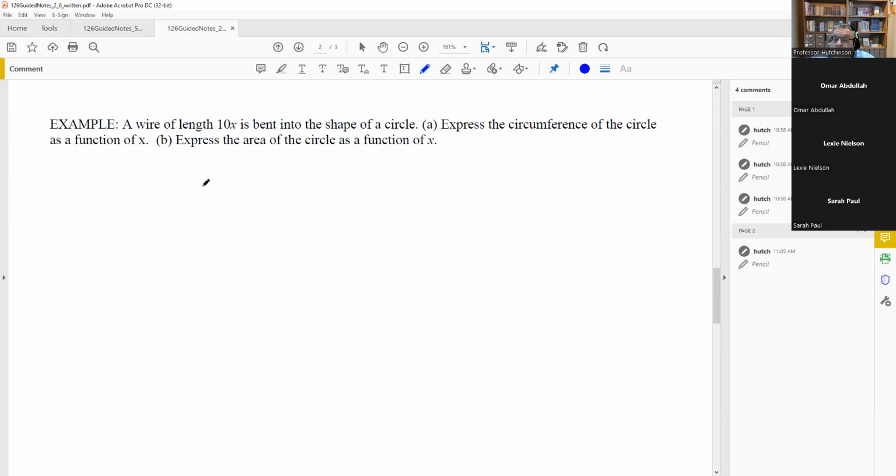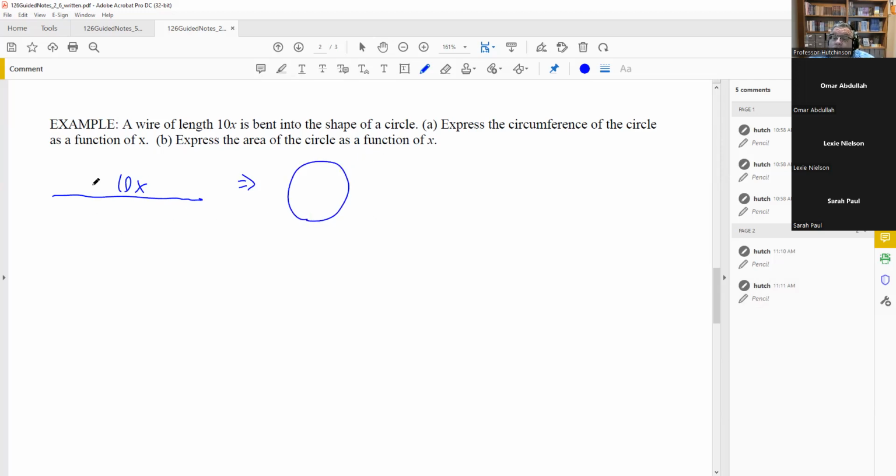Okay, so we've got a length of wire, 10x, that is bent into the shape of a circle. Basically we have a wire that's 10x long, and it is turned into a circle.